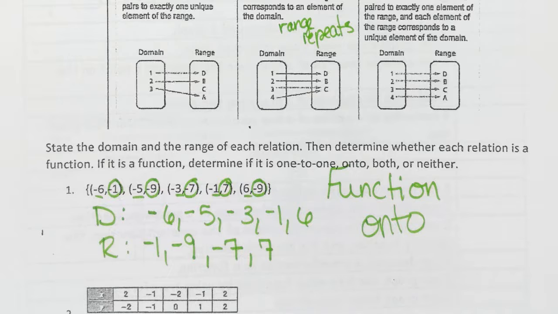Remember, don't let them repeat. You list them once. You get 2, 2, 1. Wait, so what do you do? And what does it say first? See that? And is it a function or not a function? Not a function. Okay, remember we don't write down one twice.